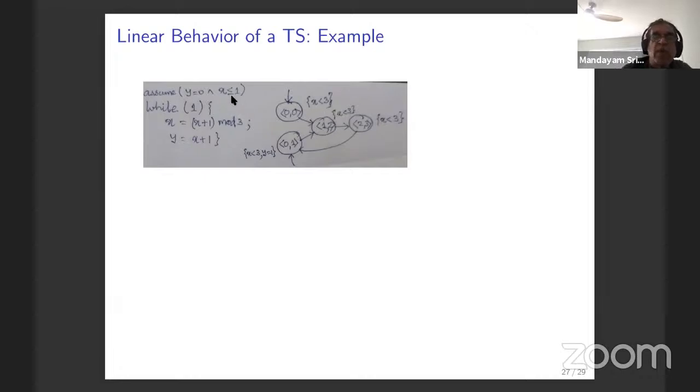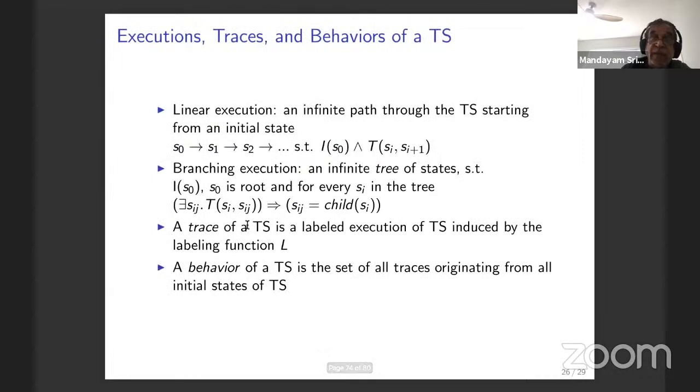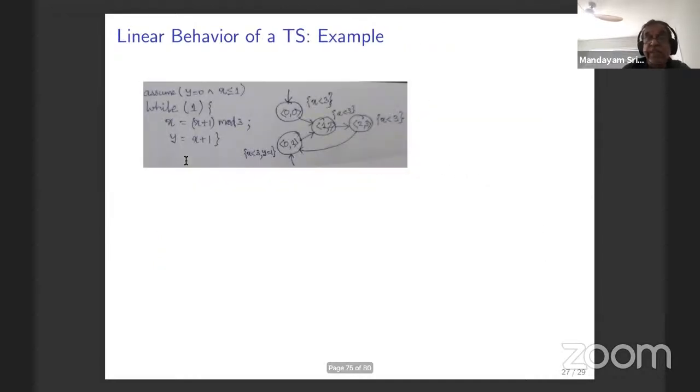Because I'm allowing two initial states here, 0,0 and 0,1, I'm assuming that x and y range over that. So what you get is the reachable component of the system. Okay, so remember that. The behavior, execution, and whether it is linear or branching are defined only for the initial states.